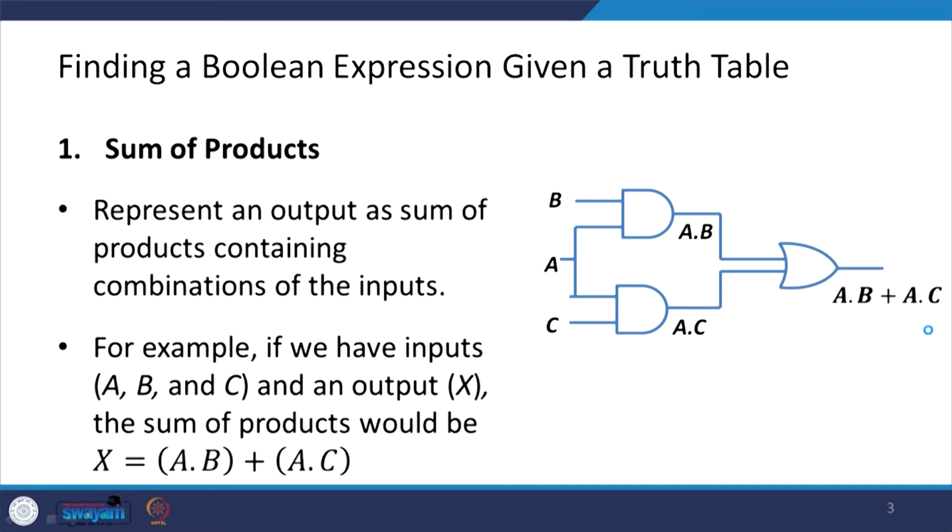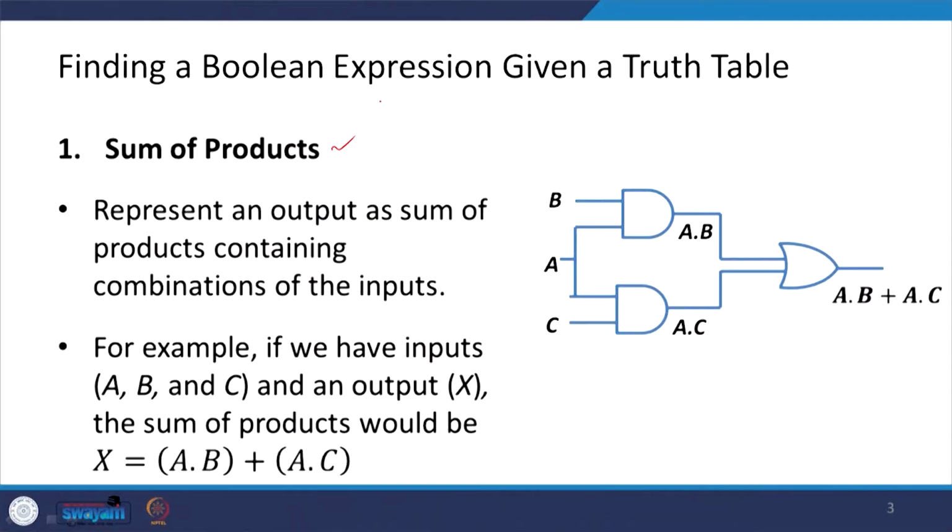And here, as I said, we are going to find out a Boolean expression given a truth table. There are two approaches which are used. One is the sum of products approach, and the other is the product of sums approach.